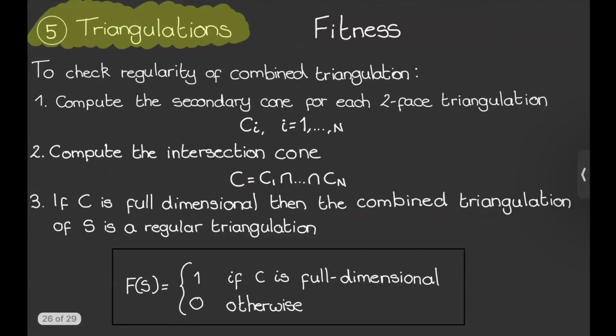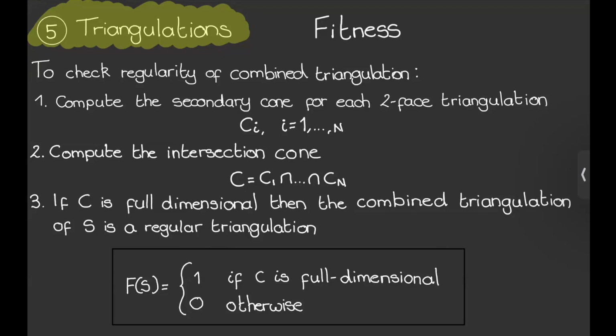So with that, we can determine whether our combined triangulation is regular by computing all of the secondary cones for each of the two-face triangulations, and computing the intersection of all of these cones. If this intersection cone is full dimensional, meaning that it has the dimension of the number of points in the polytope, then your combined triangulation is regular.